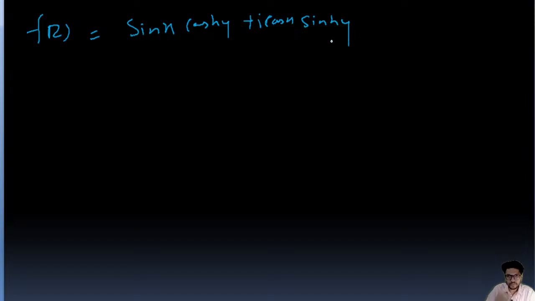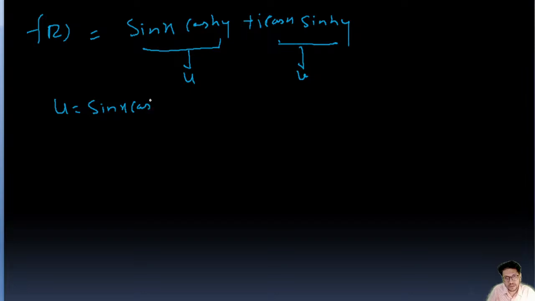From here u is sin x cos hyperbolic y and v is cos x sin hyperbolic y.